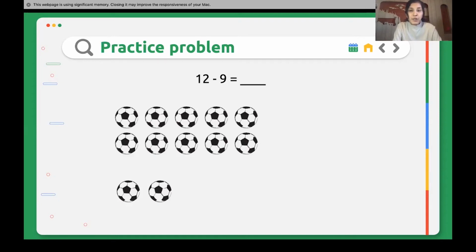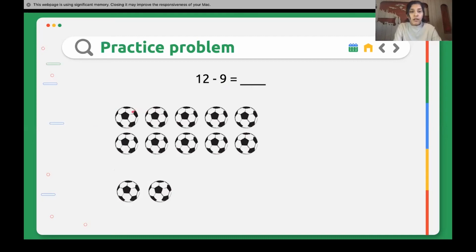Okay, now that you've solved it yourself, I'm going to go ahead and show you how I solved mine, okay? So it says 12 minus 9 equals, okay? So here are the 12 balls, all of these, and I'm going to count them just to double check.